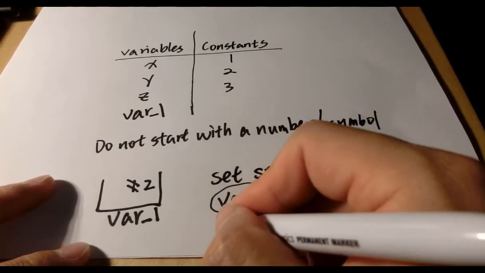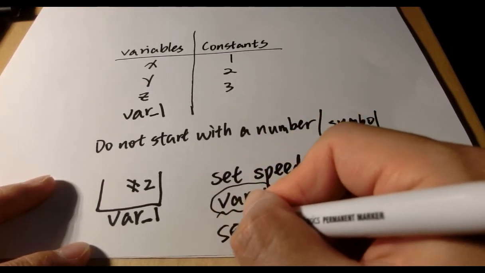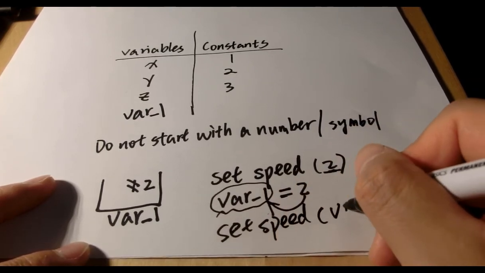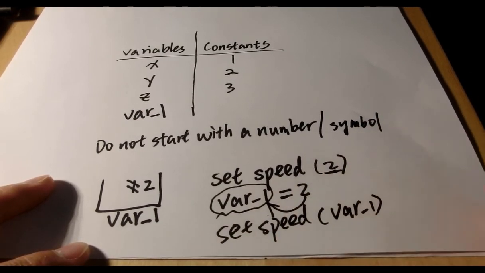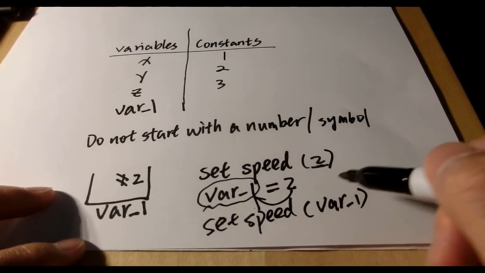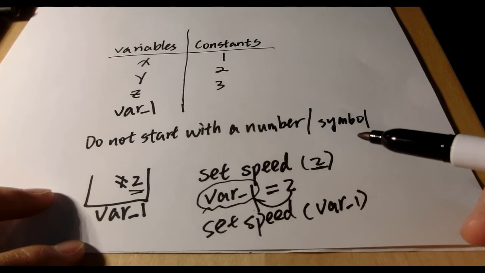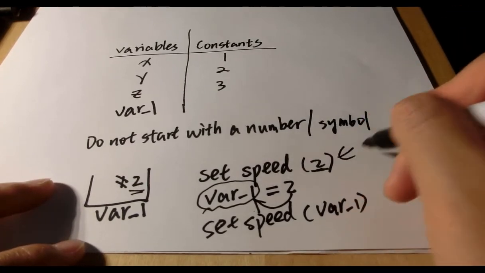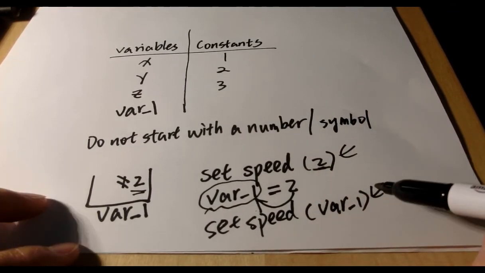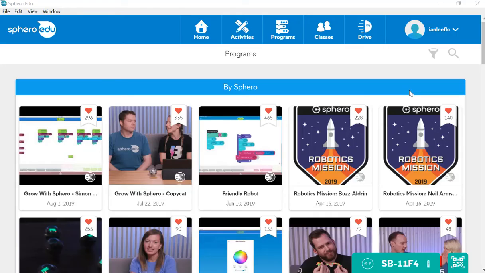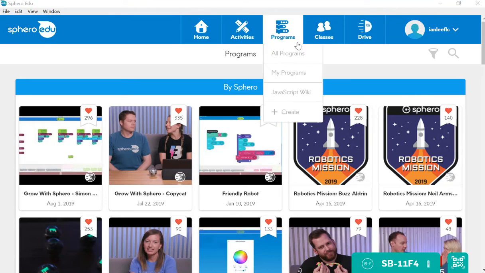So whenever you do set speed var_1, it is setting the speed as 2, exactly. It's the same effect. If you do either, the spiral bolt is going to run at the speed of 2.